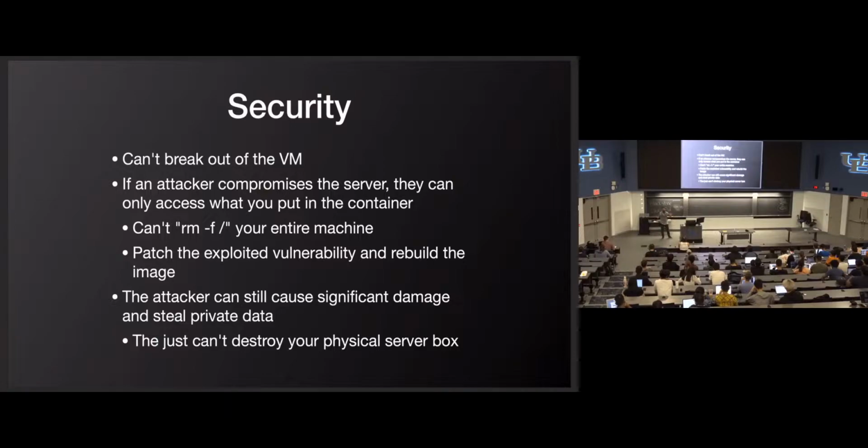Now, there are, of course, privacy issues still. If your database is running in the VM, the attacker can still steal a lot of data. It's still a terrible situation getting hacked like that. But they're not going to destroy your machine and have complete reign over your entire machine. We could also run multiple virtual machines on the same physical machine and have multiple apps completely isolated from each other, running and serving different sets of clients or whatever you want to do with them.